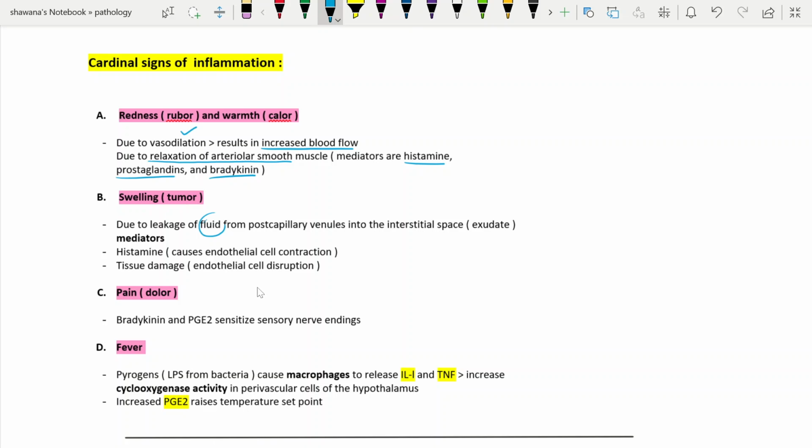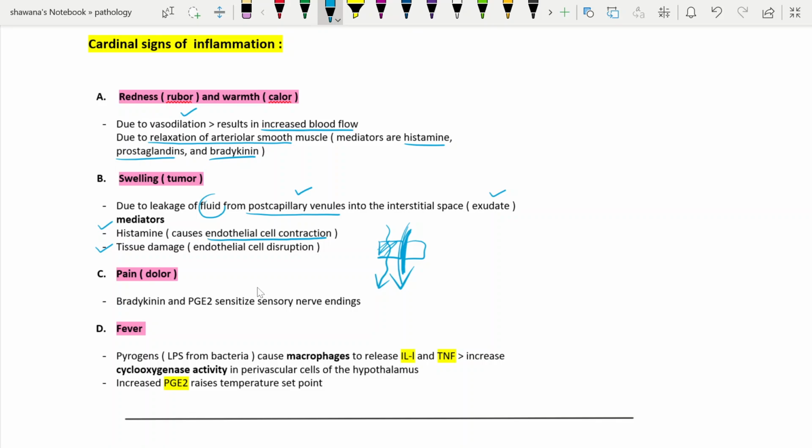The mediators are histamine, because it causes endothelial cell contraction, and when endothelial cells contract, the space between them dilates and fluid passes through that space into the tissue space. Second is tissue damage, for example endothelial cell disruption, so the fluid can easily pass through the blood vessel into the tissue space. These both are mediators of swelling.